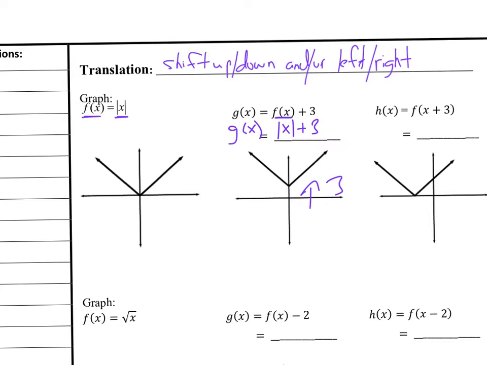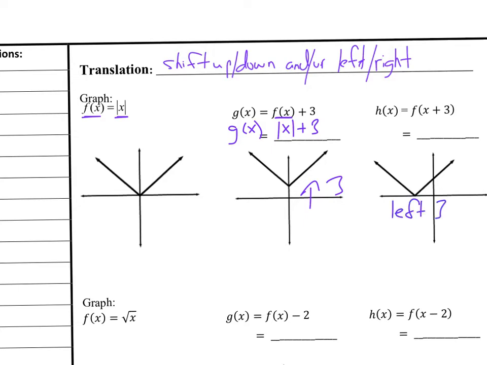So now let's take a look at what's happening with h of x. So for h of x we have f of x plus 3. And this time that plus 3 is inside parentheses. Notice that makes a bit of a difference. So the x plus 3 inside parentheses is going to move it, we'll take a look. The whole thing looks like it moved left, and it actually moved left 3. So this whole graph moved left 3.